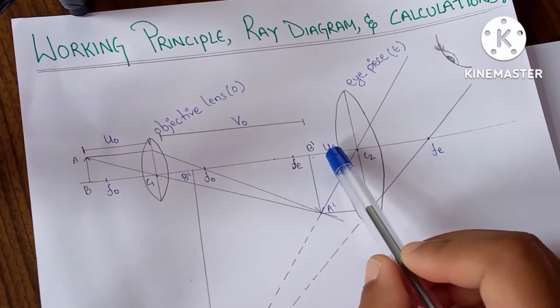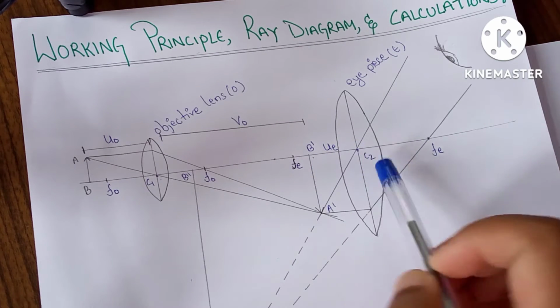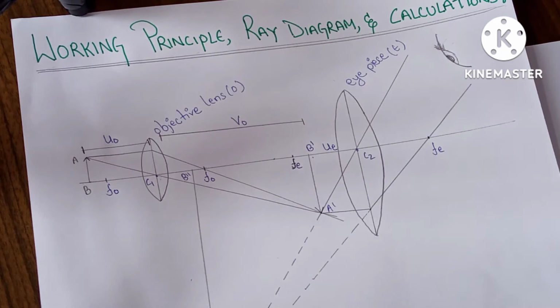Now this is the object distance for the eyepiece, and this is the image distance for the eyepiece, and we have already seen this image distance keeps on decreasing, and it is set in such a way that it becomes the distance of distinct vision, capital D, which we are familiar with.